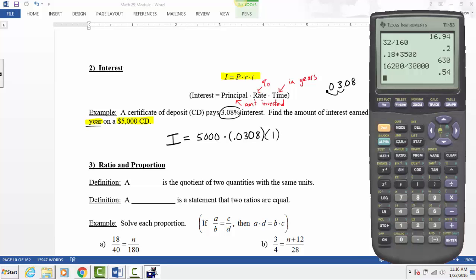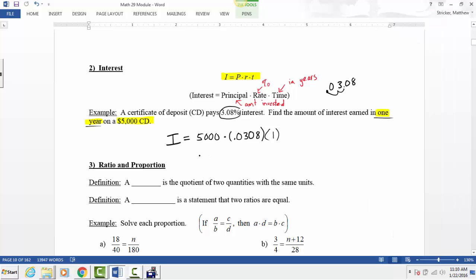So if I multiply that all out, I take my 5,000 times 0.0308 times 1, which doesn't do anything, and I get $154. So my interest here is $154 interest that's earned in 1 year. Again, you should always write this out as a complete sentence.